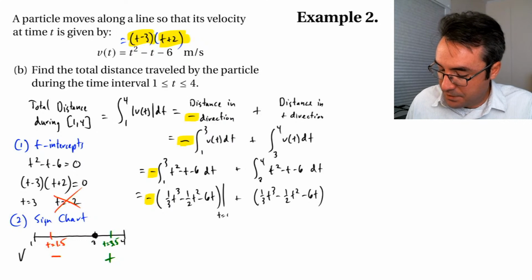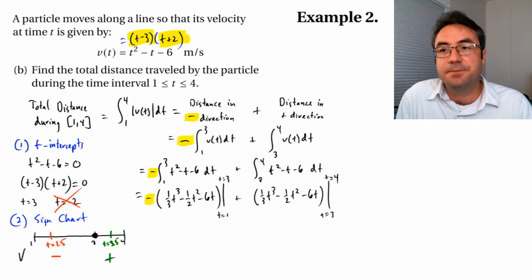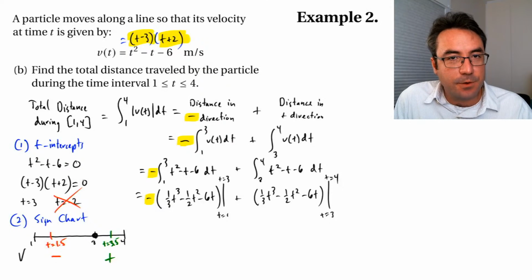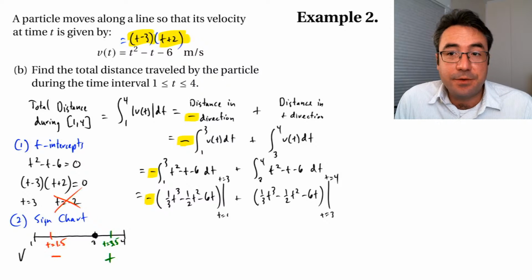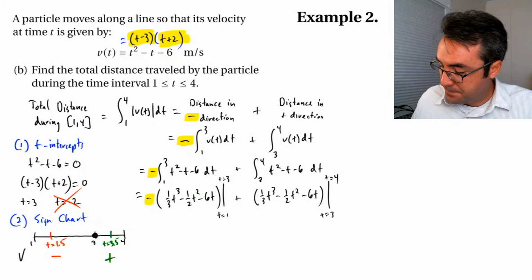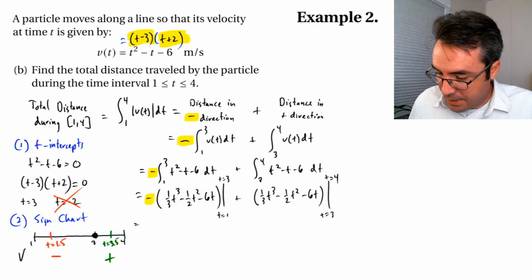And then we're going from 1 to 3. And we're going from 3 to 4 for this second part. So we just want to remember our vertical line for evaluate. Let's do the evaluation for that first part. And we get negative, what do we get? We get negative 9.